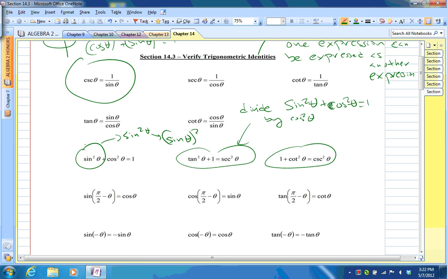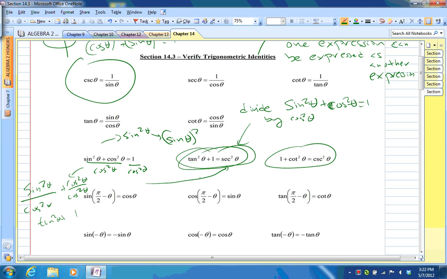See, if I were to take this equation right here and divide both sides by cosine squared theta, look what happens. 1 over cosine squared becomes secant squared. And then over here, you have sine squared theta over cosine squared theta, and you have cosine squared theta over cosine squared theta. And that just becomes 1, and that becomes tangent squared theta. So that's how you can derive this formula right here.